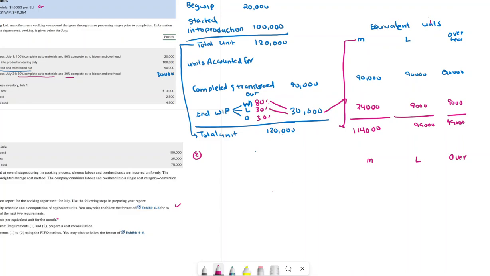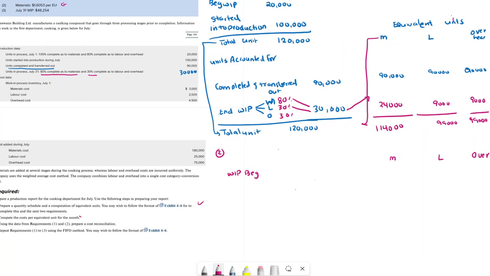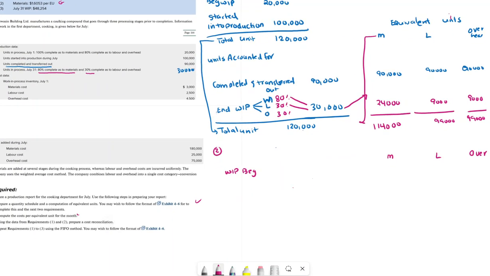The beginning work in process that was completed in this production period cost 3,000 here, 2,500 here, and 4,500 here.